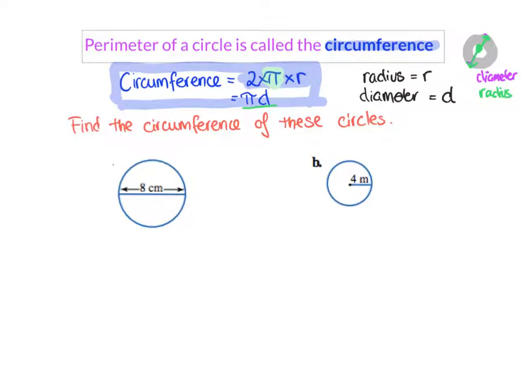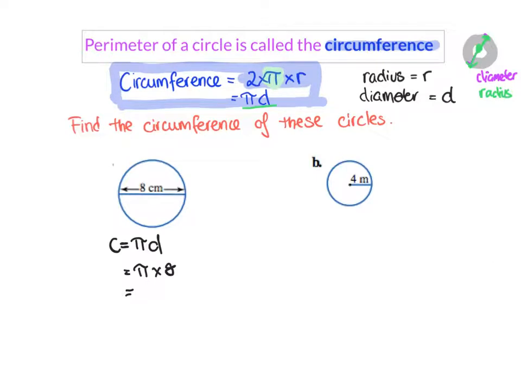All right, so let's have a look at these examples. It says, find the circumference of these circles. You should always write your rule or your formula that you're going to use. Because they've given me the diameter, I'm going to use the pi times diameter formula. So it will be pi times 8.